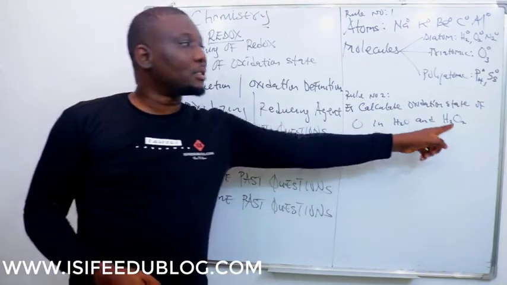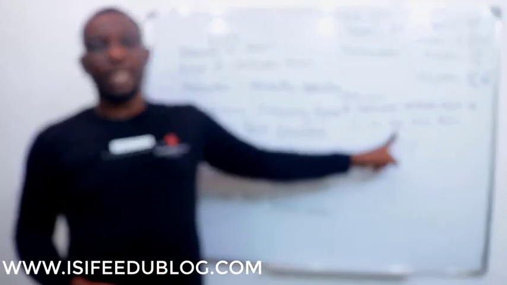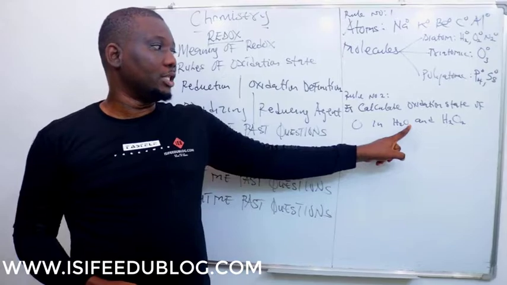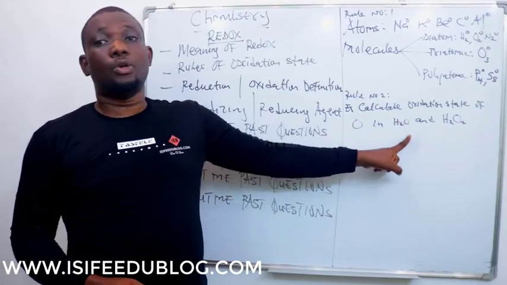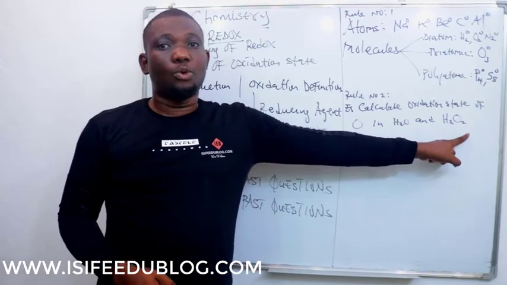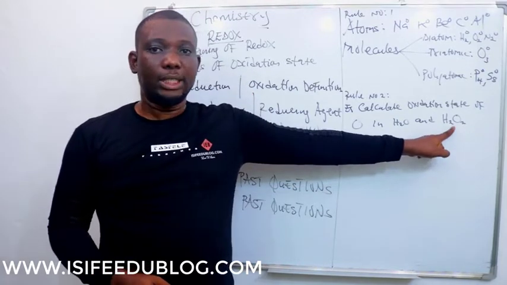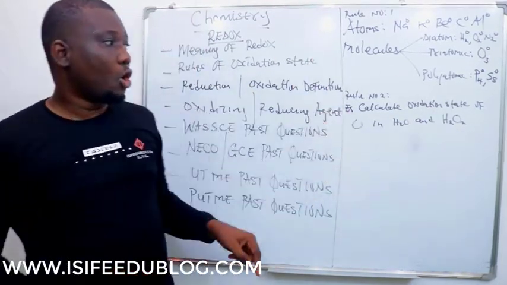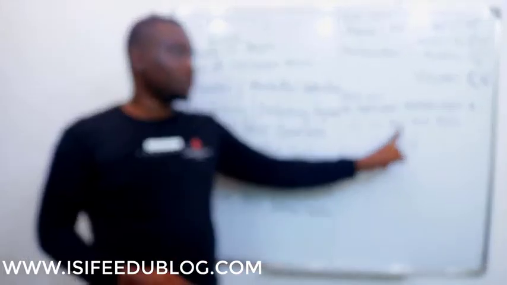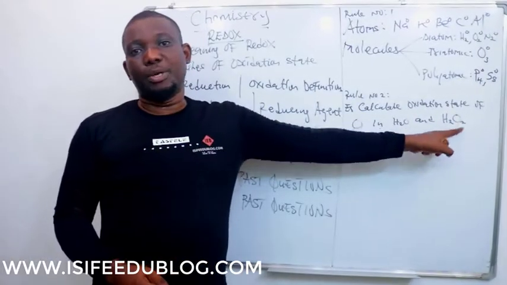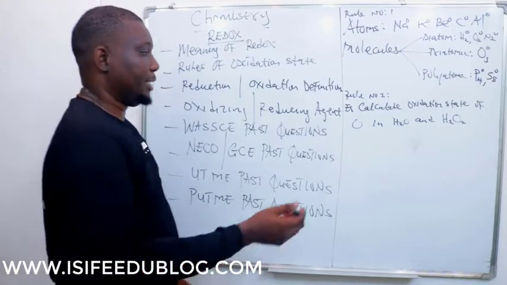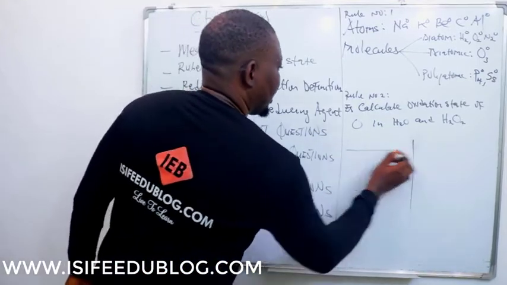This one has an extra oxygen compared with normal water. That is, the ratio of hydrogen to oxygen in water is 2:1, but here it is 1:1 or 2:2. So there is an extra oxygen in this compound, and this is called hydrogen peroxide. So if oxygen is -2 here, what is oxygen in peroxide? Let's find out.